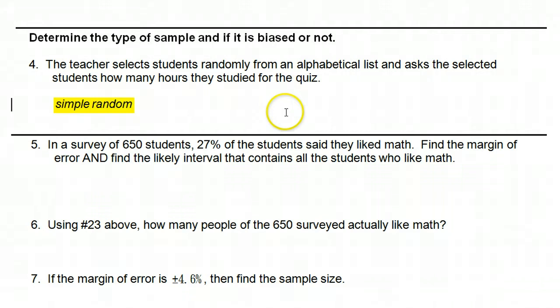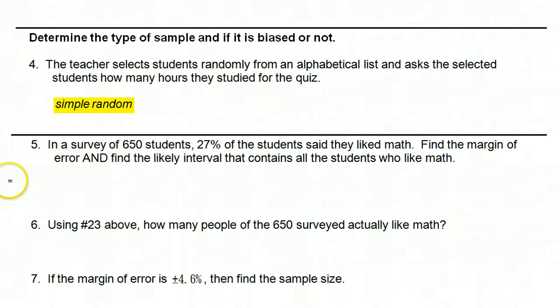All right, number 5. In a survey of 650 students, 27% of the students said they like math. Find the margin of error and find the likely interval that contains all the students who like math. First of all, margin of error. Margin of error has a formula to it.